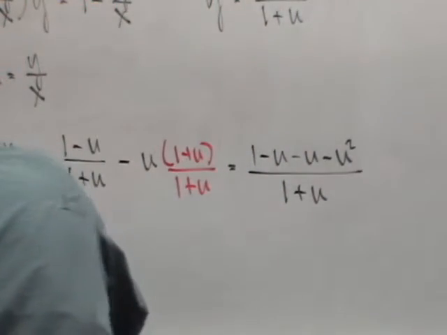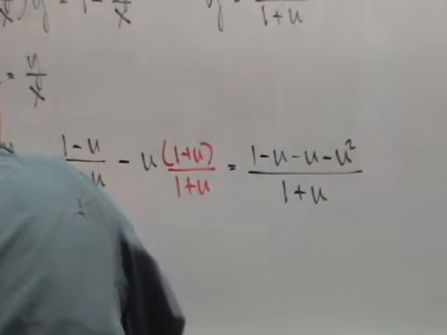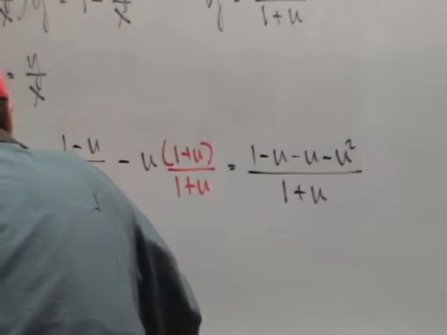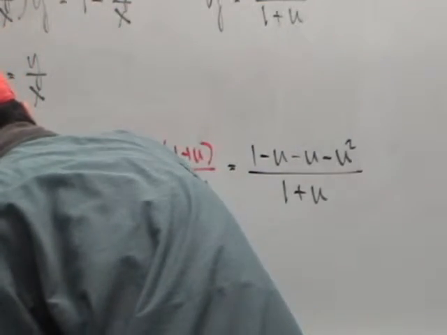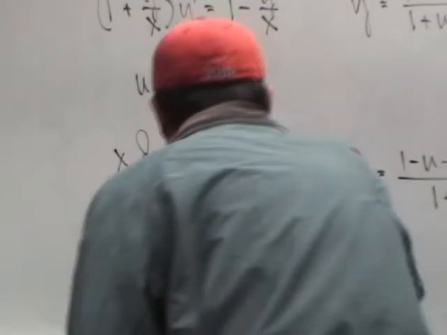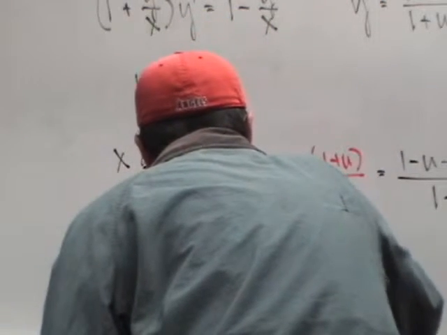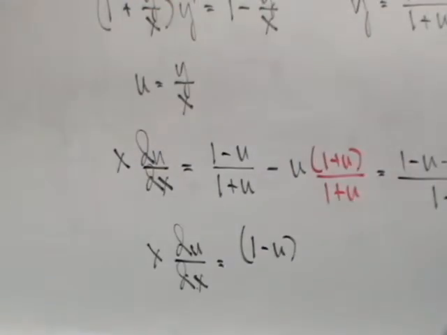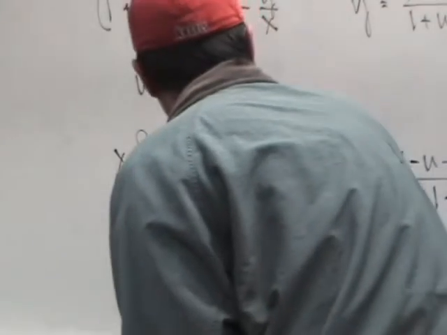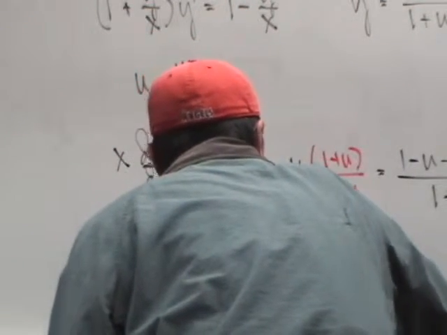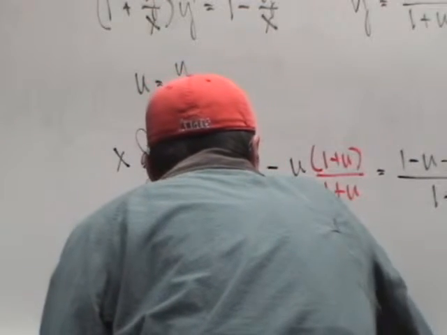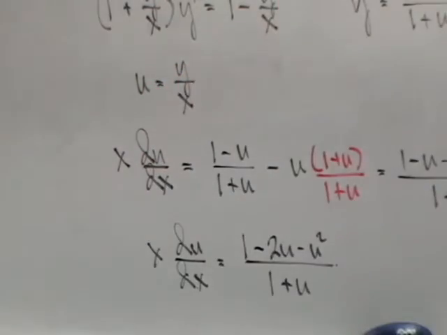Simplifying a little further, I have x du dx is equal to... it doesn't factor out here, sorry about that. This is a minus u squared, so 1 minus 2u minus u squared over 1 plus u. Just like that, that's fine.